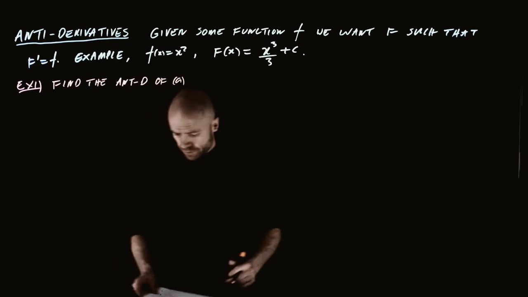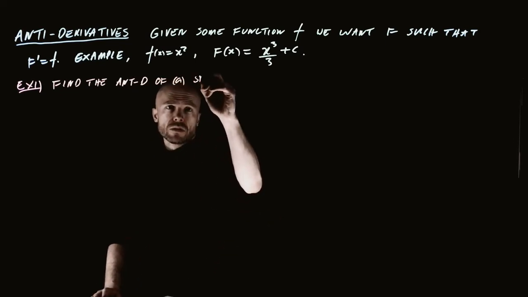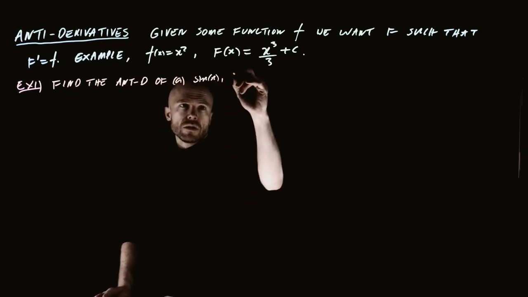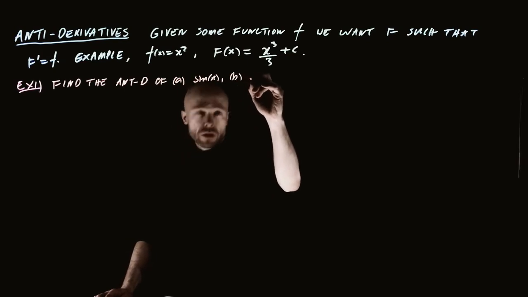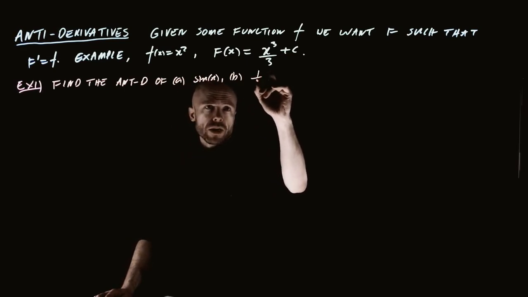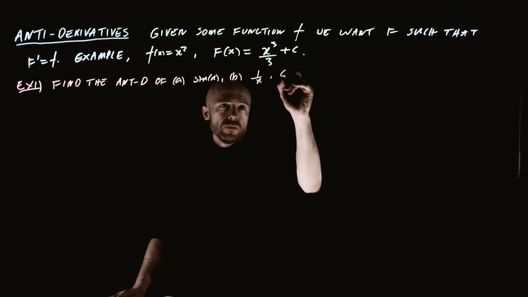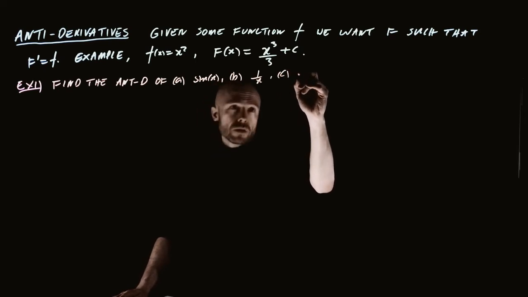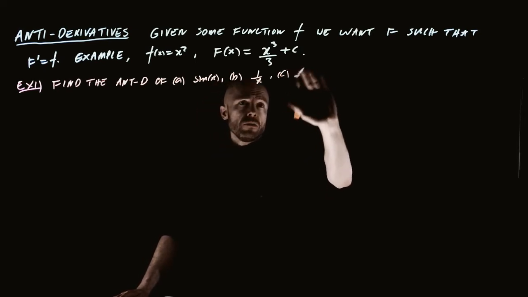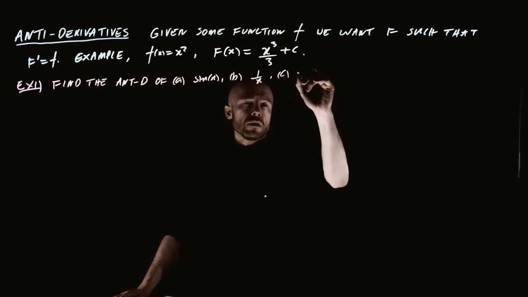The first function is sine of x. The second function is 1 over x. And the third function is x to the n, where n is not equal to -1.